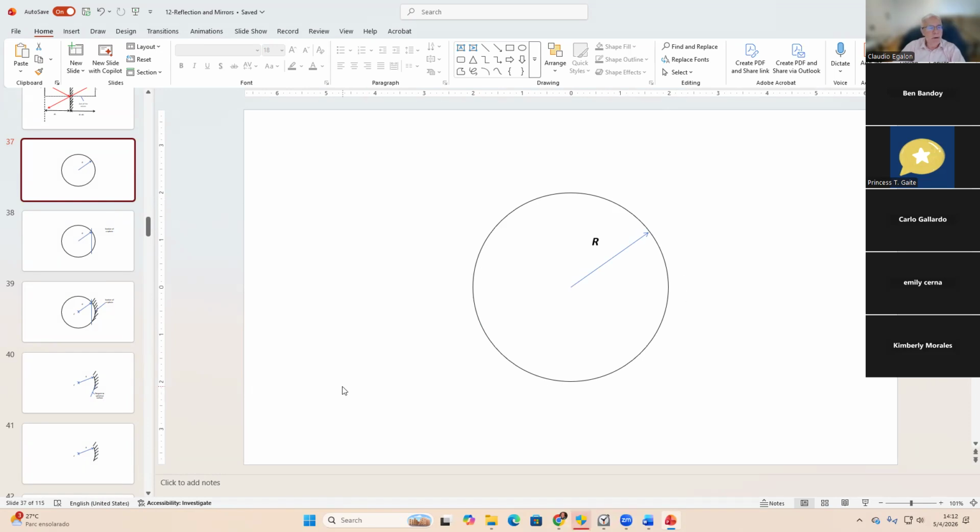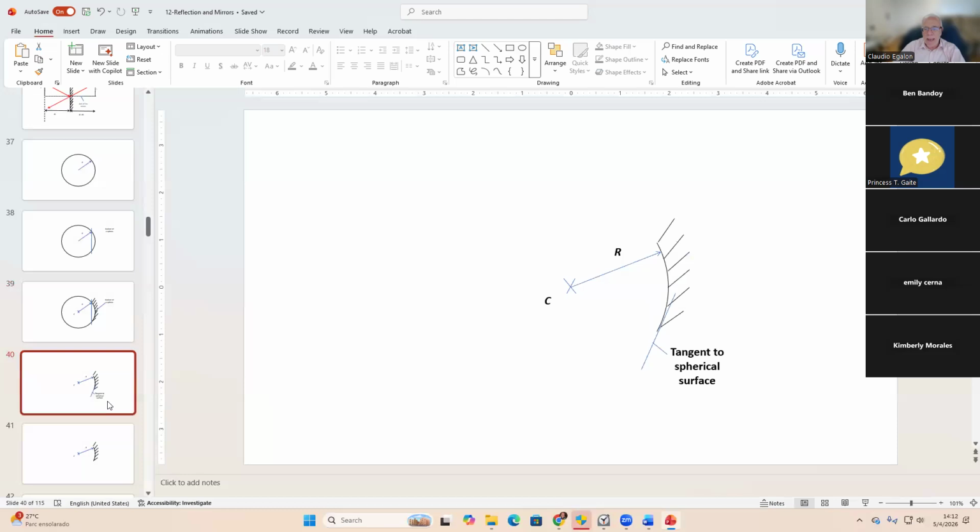We're going to section this spherical surface, and we're going to end up getting a hubcap here, the section of a sphere, just like a hubcap of the tire of your car.